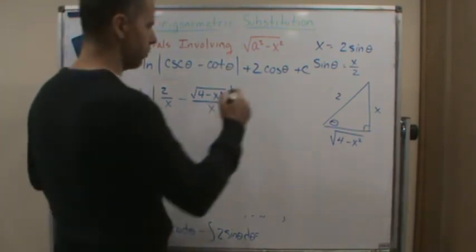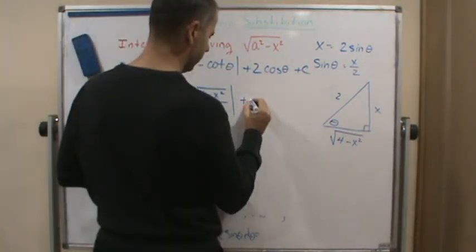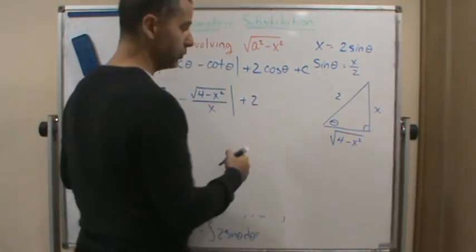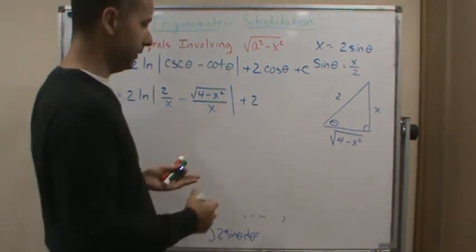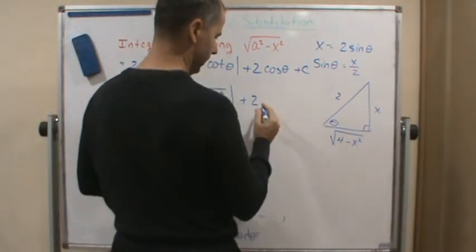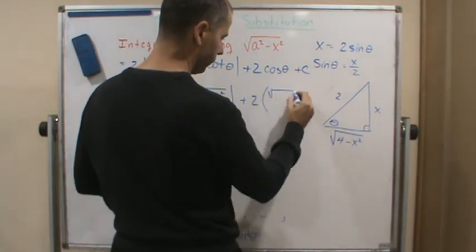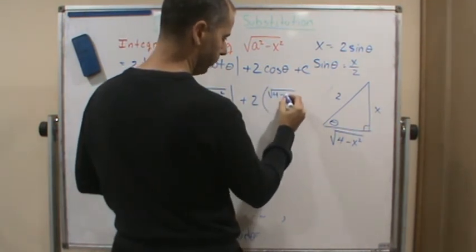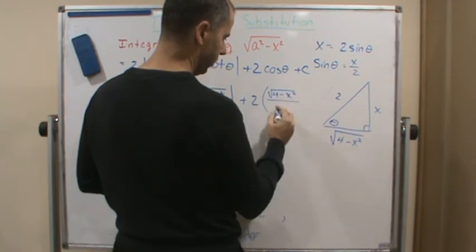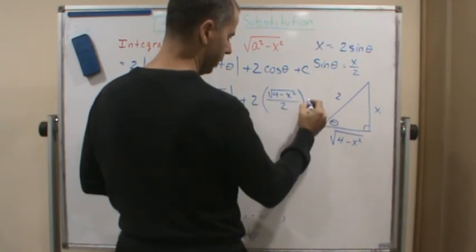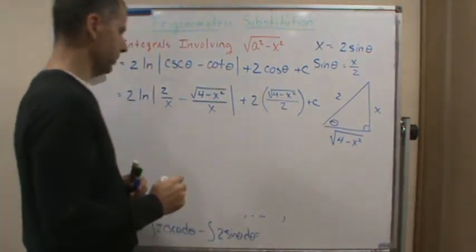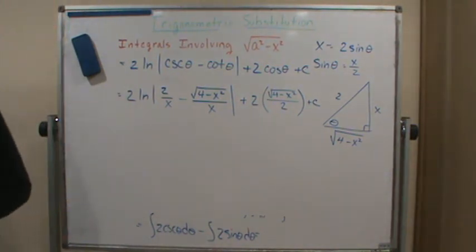Now let's go to this one. Cosine is adjacent over hypotenuse, so this over this. So it's going to be the square root of 4 minus x squared over 2 plus c. At this point, let's simplify.